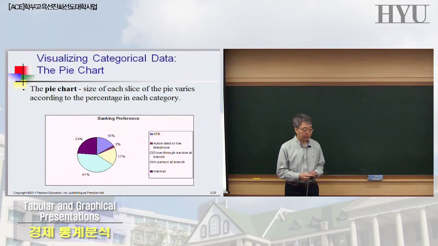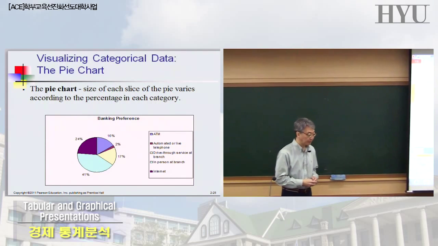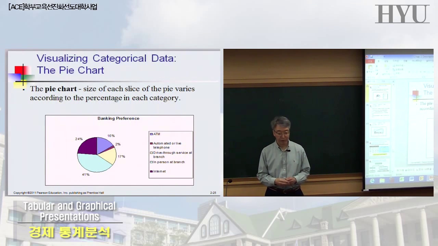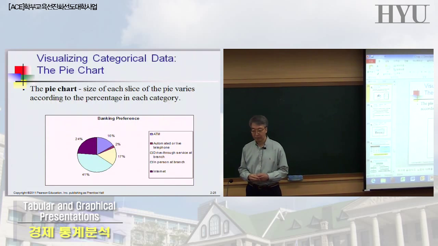For what purpose would you use pie chart instead of bar chart? It clearly shows dominance of any part in the total. Okay, dominance, or I guess proportion.